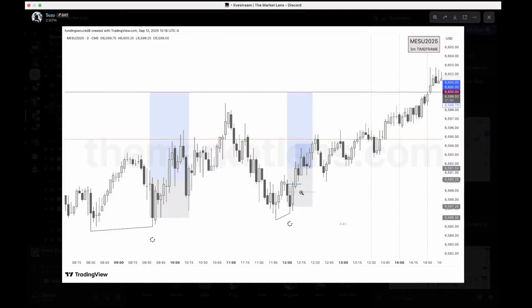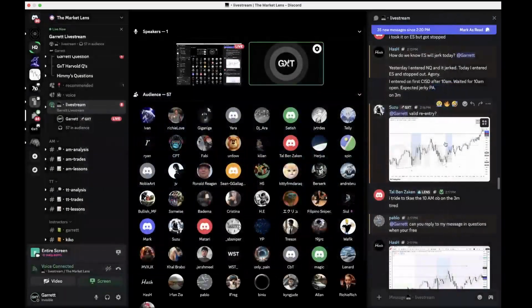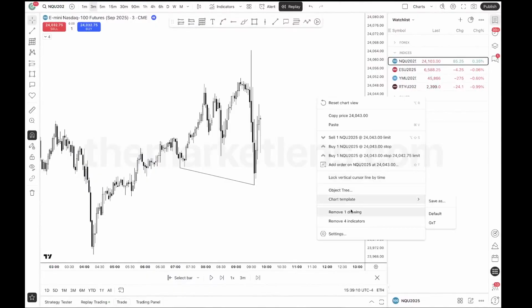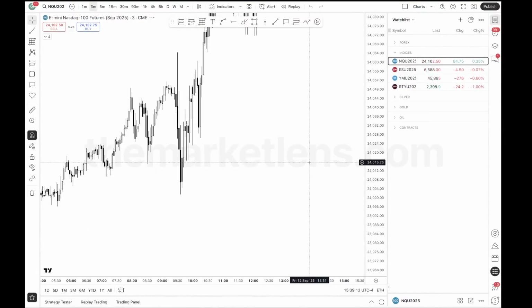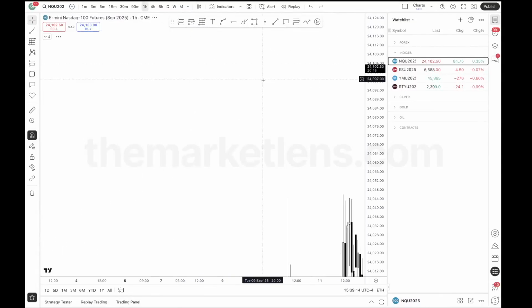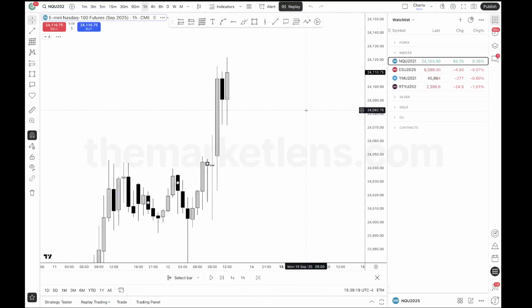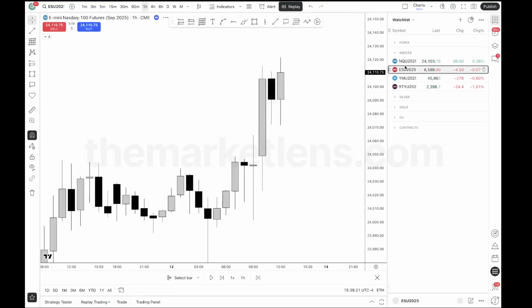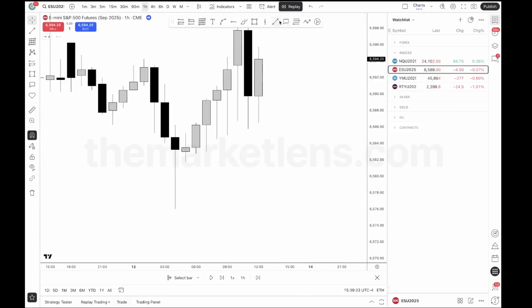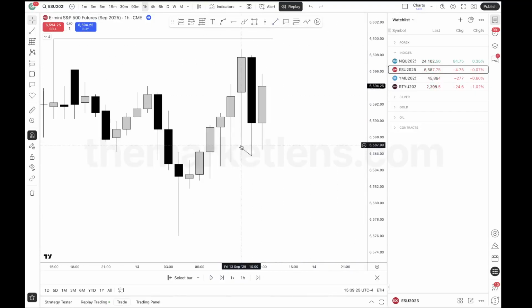Valid re-entry. When was this? Oh, this is today, right? Yeah, this is valid because I mentioned there's a two-stage SMT. I don't know if you caught that, but if you go on the hourly chart, we look at this PA here, go on ES. We take out this 10 a.m. low, so we're basically creating a new low of the 10 a.m. candle.